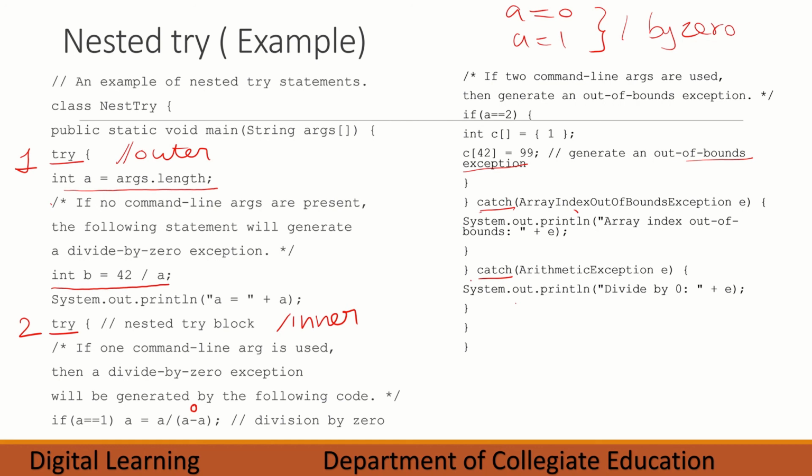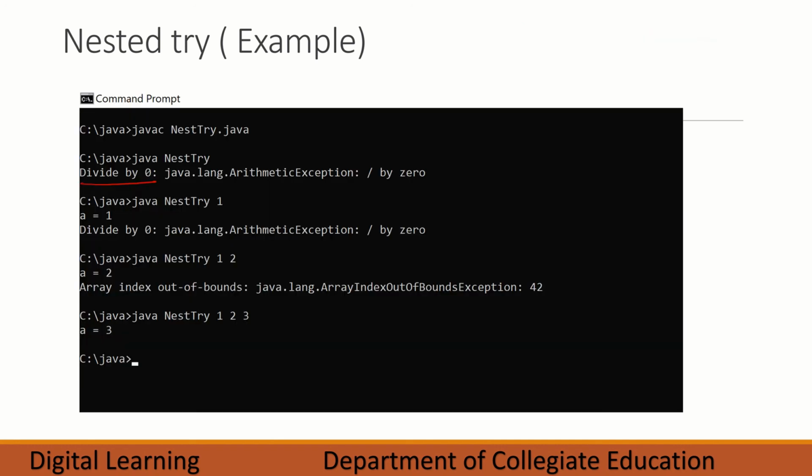So automatically the control will come to the outer catch statement and it will display that particular error message, that is divide by 0. That is, the inner try block can access the outer catch. In the next case, when you have two arguments, a is equal to 2 and it will generate an array index out of bounds exception. When a is equal to 3, that is if I pass more than 2 arguments, there is no error and the execution will complete.